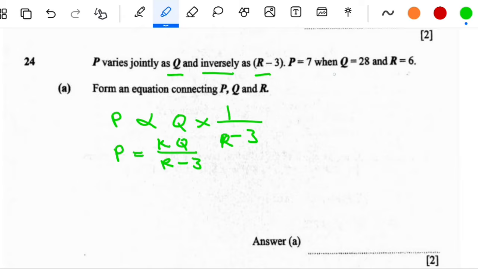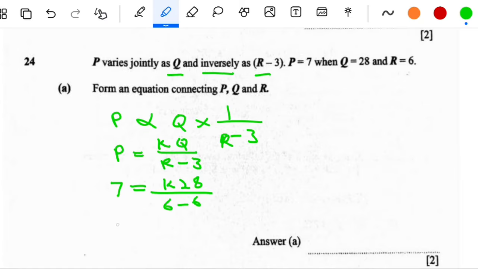Okay, then now I have P is 7 when Q is 28 and R is 6. Okay, so here I've got what?